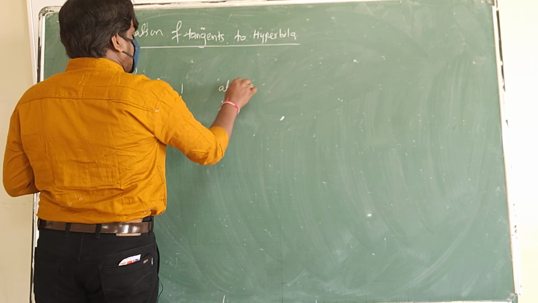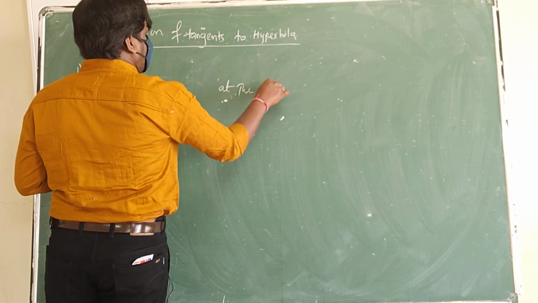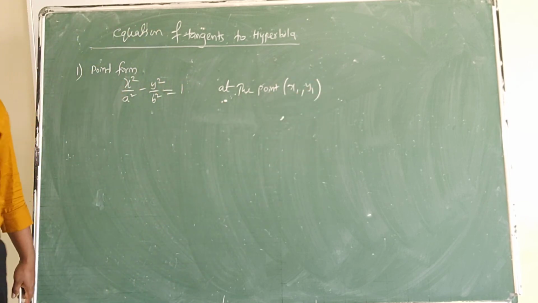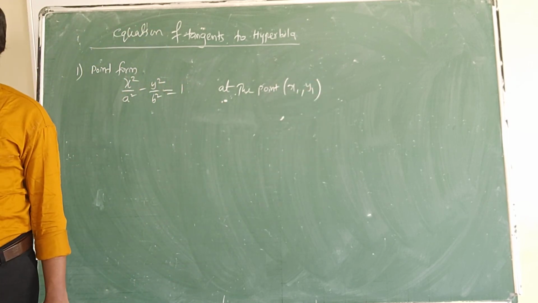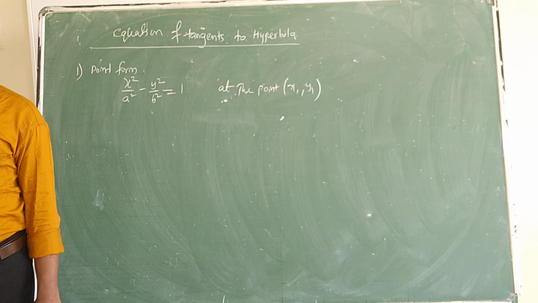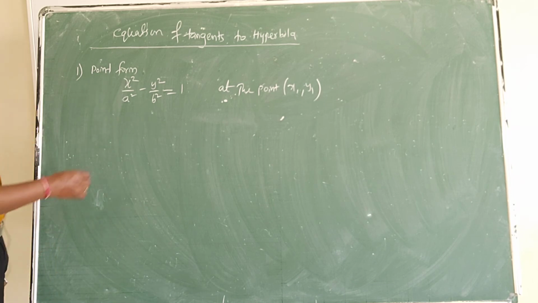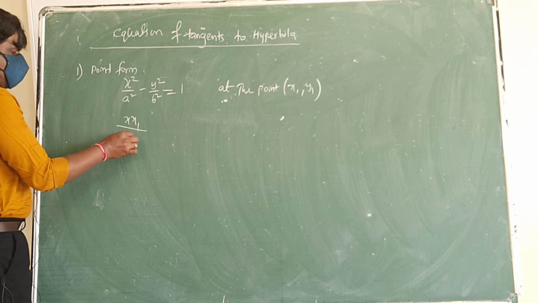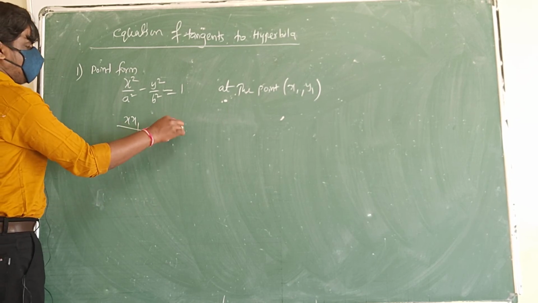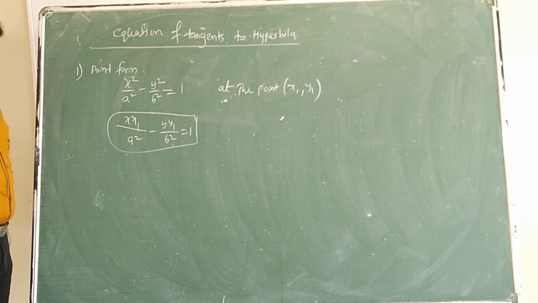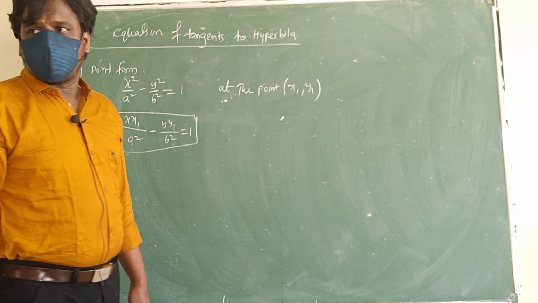If they give a point x1 comma y1, and I want to find the equation of the tangent, then what is the formula? X will be replaced as xx1, xx1 by a square minus yy1 by b square is equal to 1. This is called the equation of the tangent at a given point.